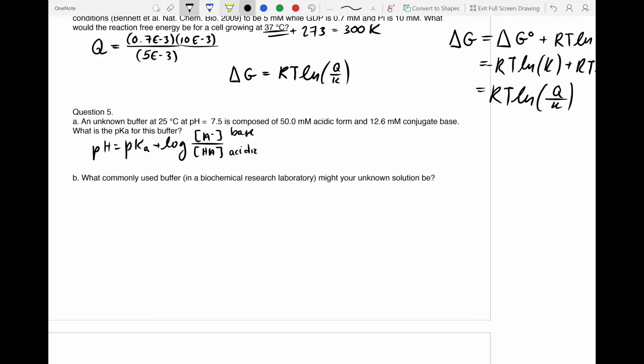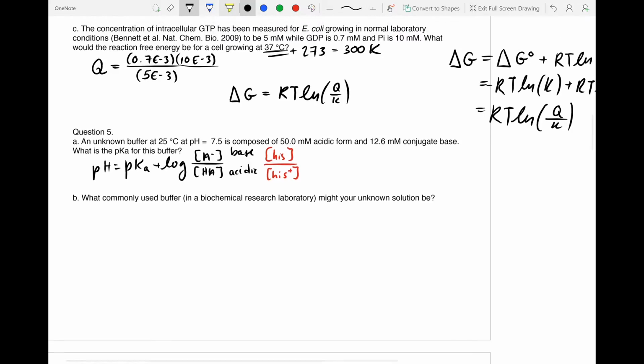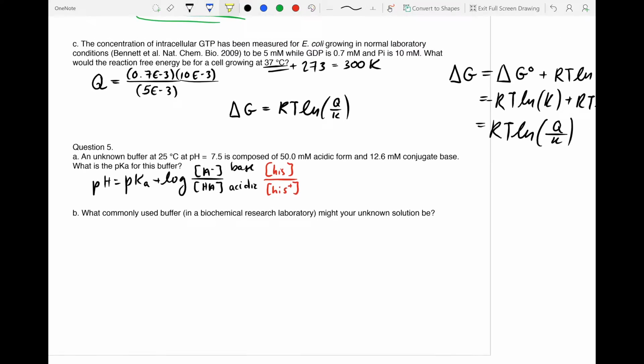But the base doesn't always have to have a charge. For instance, when you're dealing with histidine, the base is going to be uncharged, but then the acidic form is going to be charged. So that's just something to take into consideration. So we're going to plug in the values we're given after rearranging the equation, just putting the pKa on the left side. And we're given all these values.